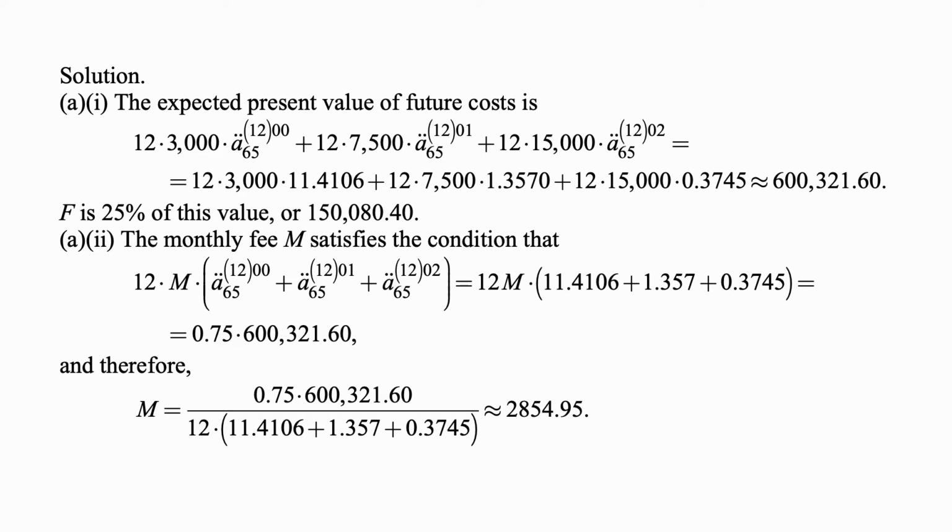Those annuity values are given, so this is a linear equation in which M is the only unknown. M is equal to 0.75 times 600,321.60 over 12 times the sum of the actuarial present values of the 3 annuities, so 11.4106 plus 1.357 plus 0.3745.